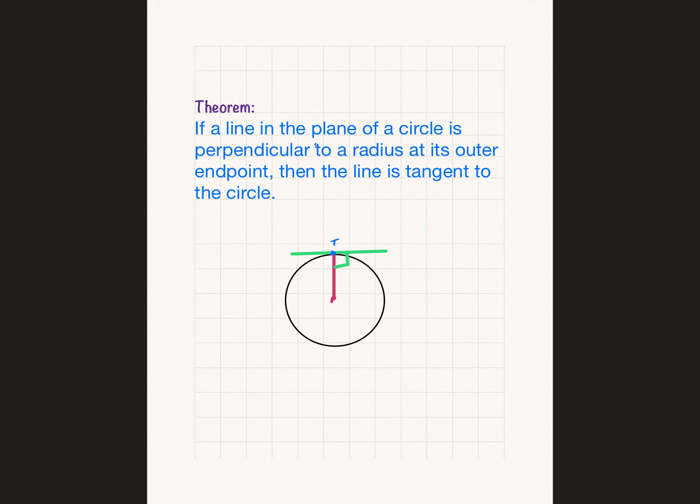So if we know that the line is perpendicular to the radius at the outer endpoint of the radius, here's the outer endpoint of the radius, then we know that the line is tangent to the circle if they meet perpendicularly. So if we know this is perpendicular, then we know that is a tangent. So it's the converse of that first theorem.